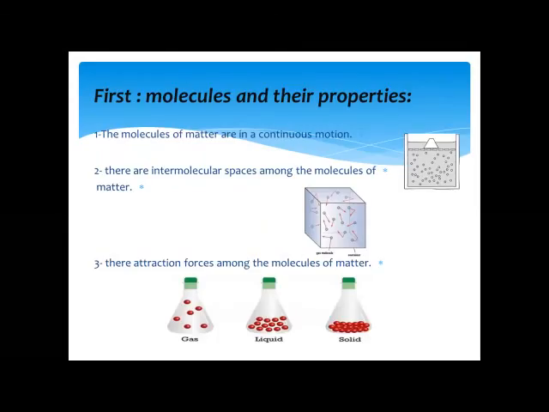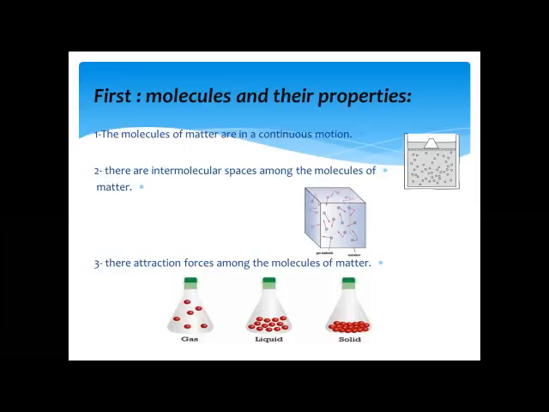Okay, let's start with molecules and their properties. Miss, I know that any matter has a smallest part, like my body has cells, the matter has molecules. What are these molecules and what are their properties?